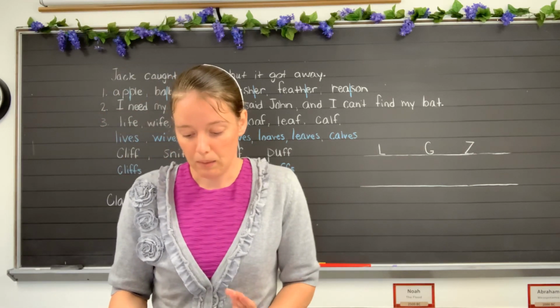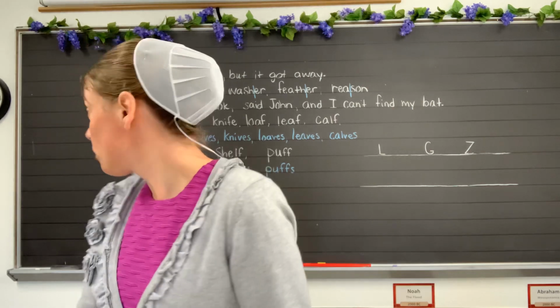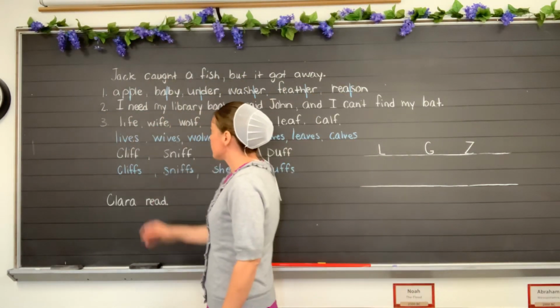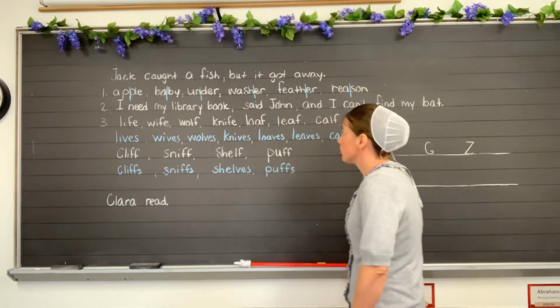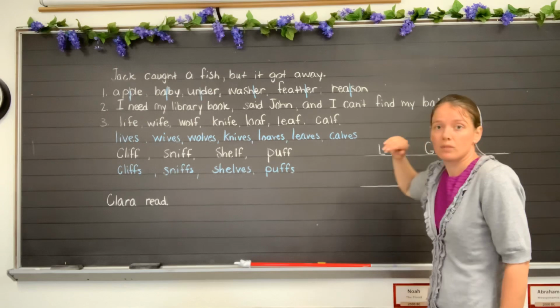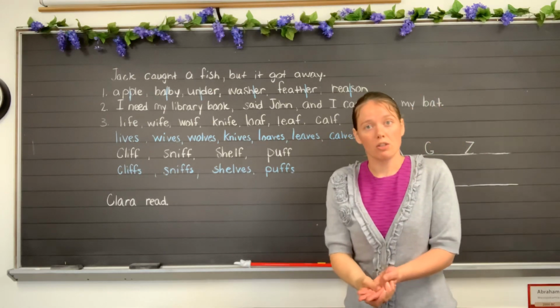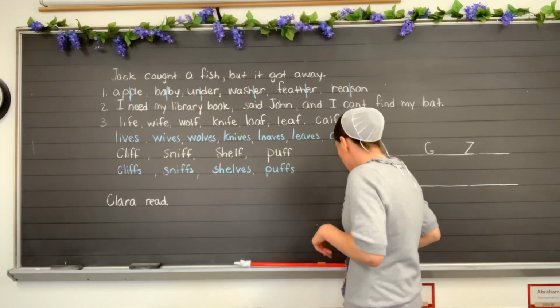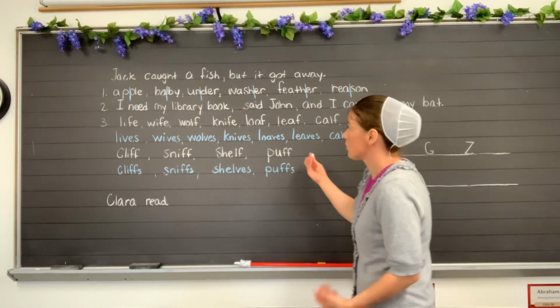Okay, so let's look here on the board, and we have number 2 here. It says, "I need my library book," said John, "and I can't find my bat." So where do we put quotation marks in that sentence? We would curl it around the exact words of John.